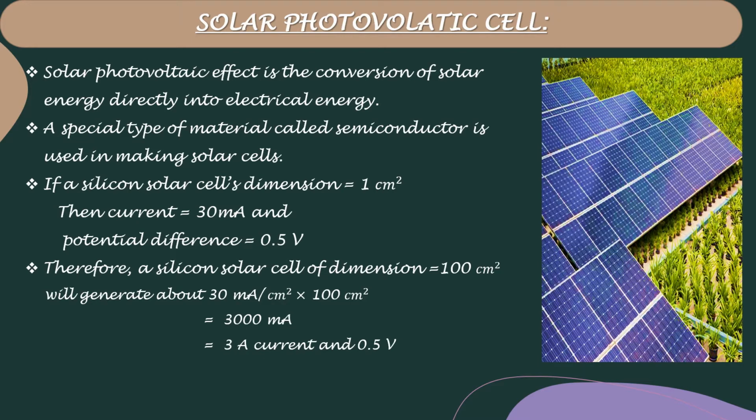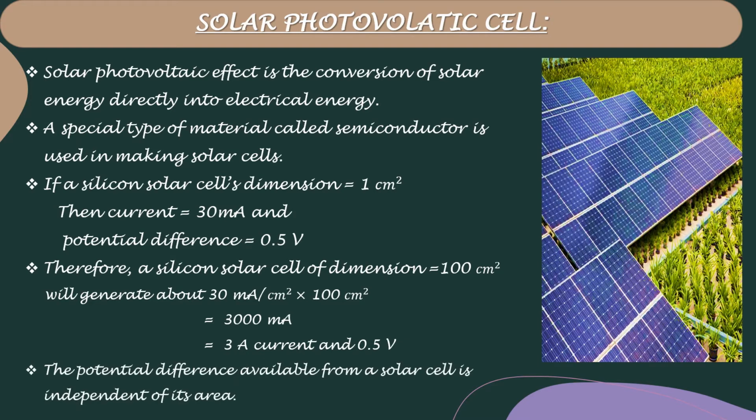Converting 3000 milliampere into ampere, we get 3 ampere current and potential difference of 0.5 volt. Students, you have to remember that the potential difference available from a solar cell is independent of its area.